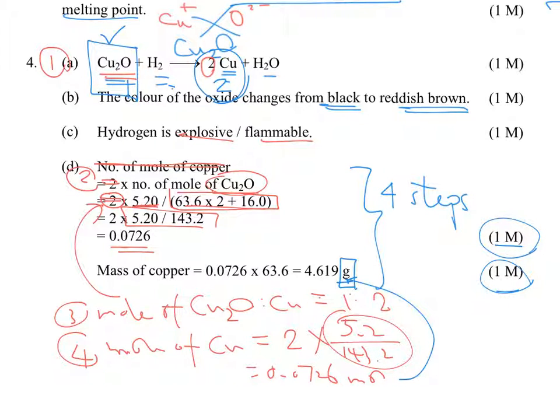However, in a public exam, if the marking is not tight that year, the markers will give you the mark even if you don't have the units. However, if the marking is very tight, if you miss the units, they will deduct marks, maybe 0.5 or maybe the whole mark. Okay, you get my point?